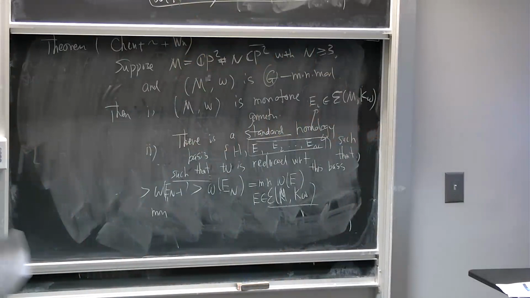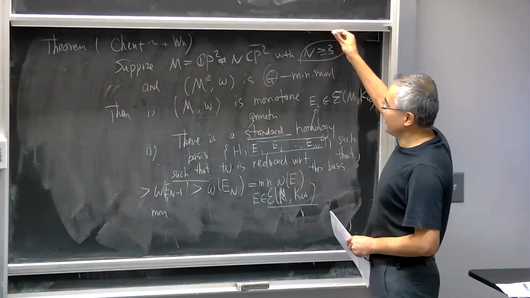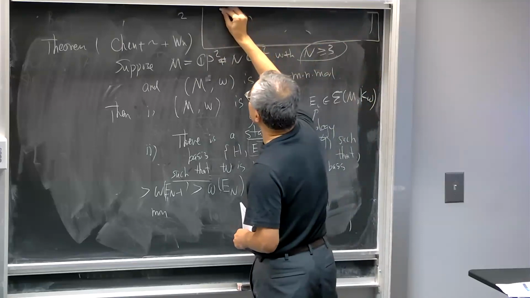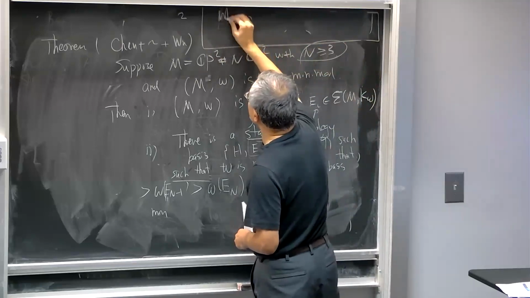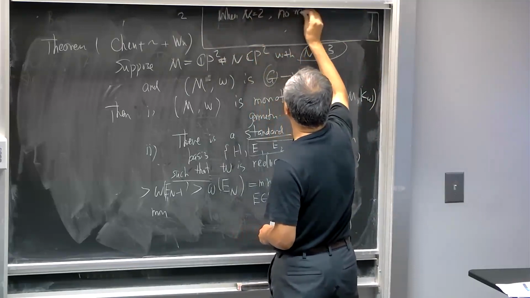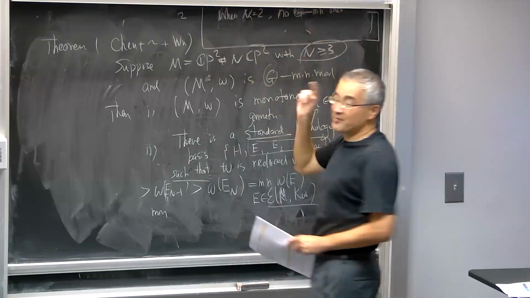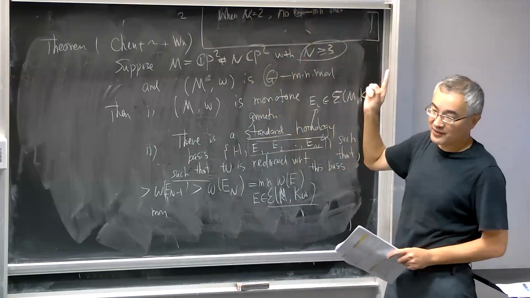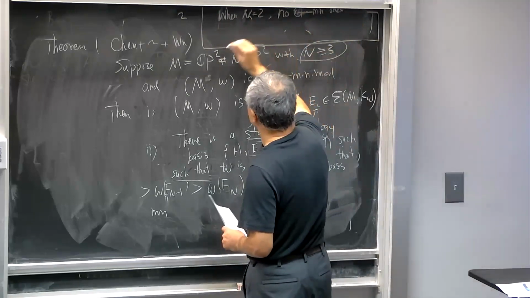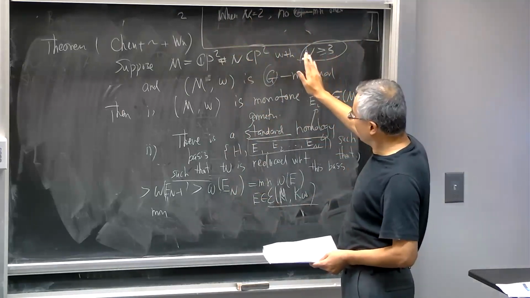Why do I assume n is at least 3 here? A remark: when n is equal to 2, there is no G-minimal. I don't have time to sketch the proof, but it is very easy to prove. And for the smaller ones, actually, we have pretty good understanding of finite group actions.